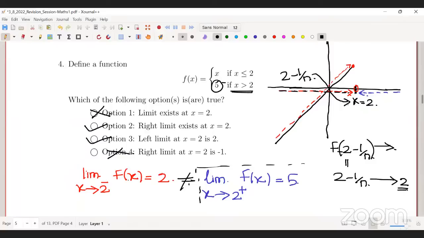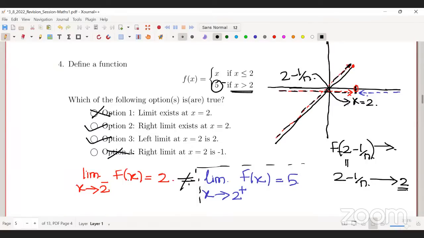So when you are coming to 2 from the left hand side, you have to check how the value of the function behaves. You can see that the value of the function is also going towards 2, so that's why this left hand limit is 2.